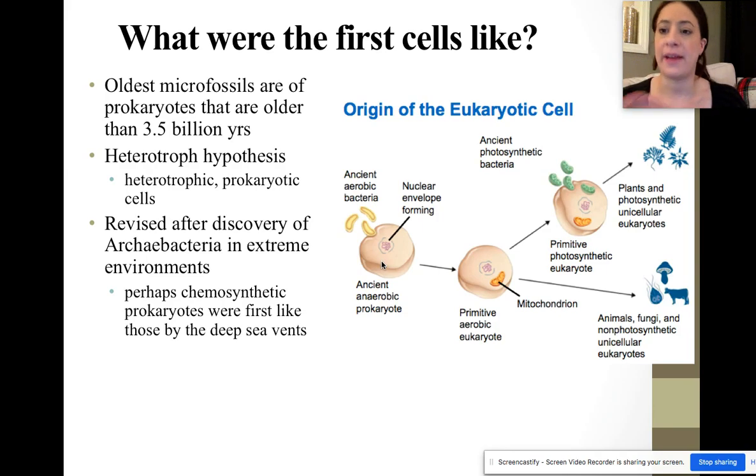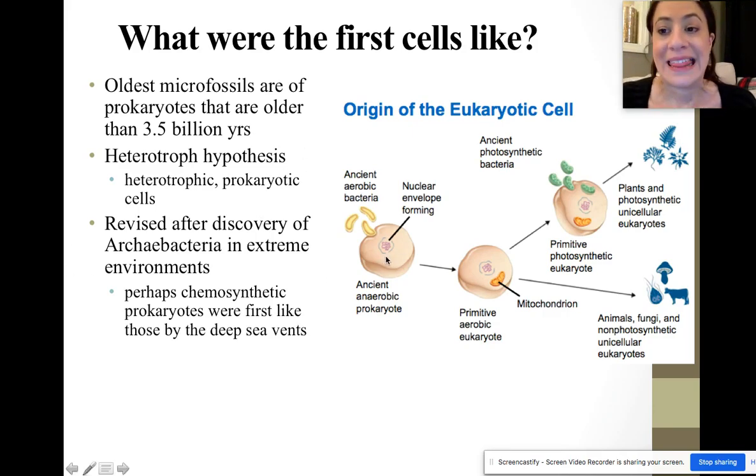We were talking about anaerobic respiration a couple months ago. So this cell, in order to get nutrition, would have to consume other cells, like this other bacterial cell. Except in this case, this cell is aerobic, so it's able to use oxygen.